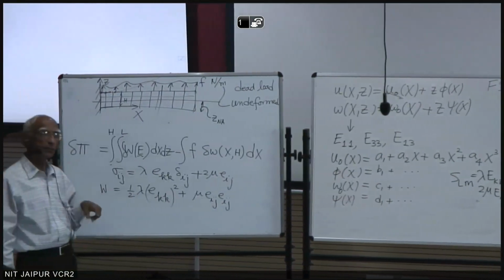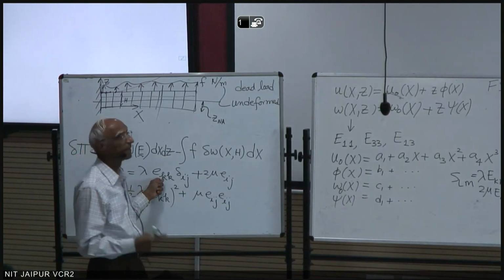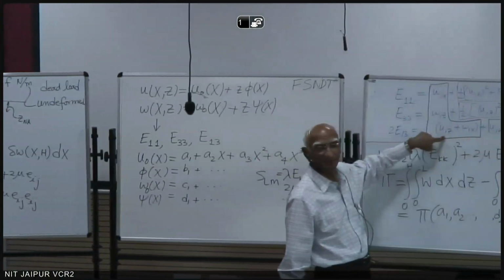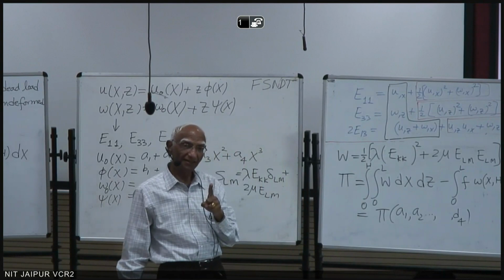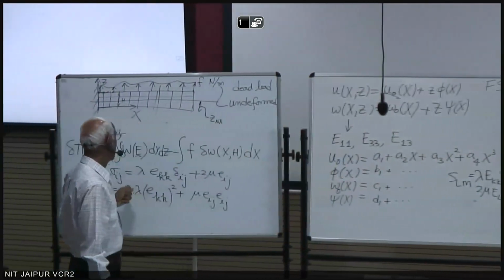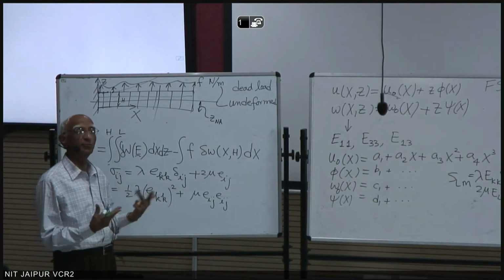So in the linear problem, these strains are now small strains, which means you have only these terms. These terms will have A1, A2 to the power 1, not 2. You come here, you square them, so you will get A1 square now.